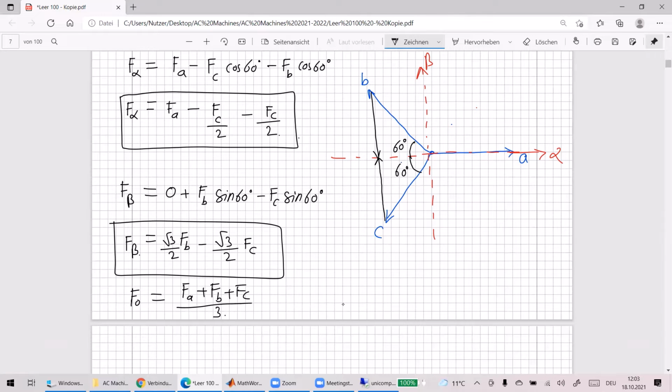If you want to understand why it is like this, let's see it again. So let's say we have FA equal to FA dash plus F naught, FB equal to FB dash plus F naught, FC equal to FC dash plus F naught. So the zero sequence is same in all phases.